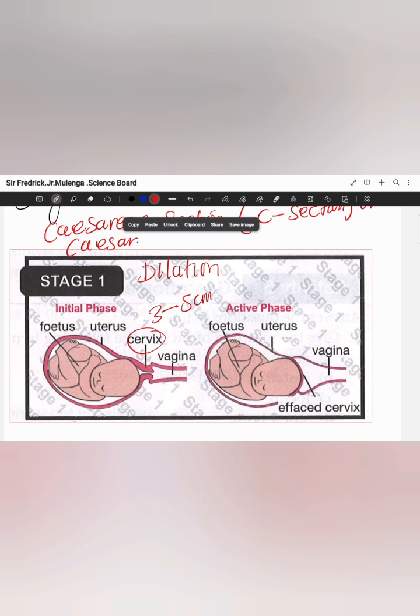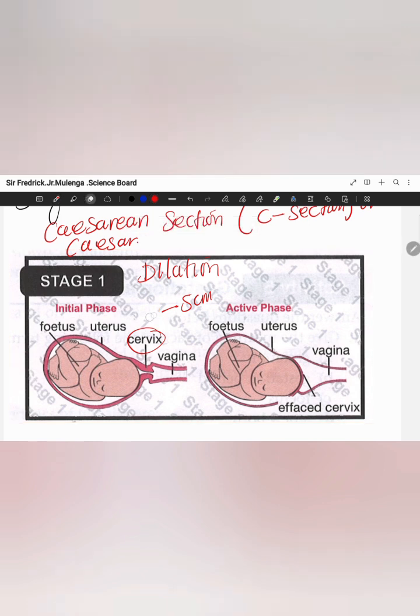Then what is the second thing that takes place here, apart from dilation of the cervix? The other thing that takes place is the breaking of the amniotic sac or membrane. When the amniotic sac breaks, as we learned, amniotic fluid flows out of the woman through her vagina.